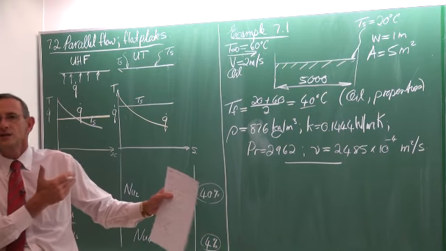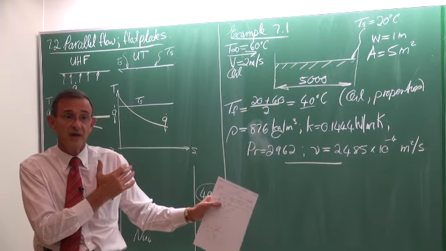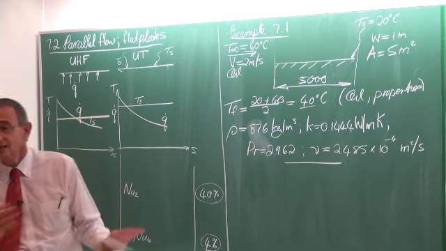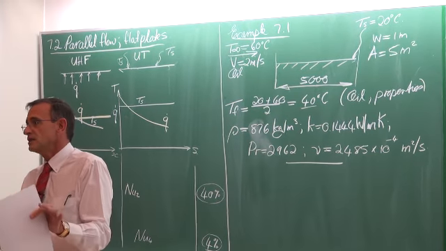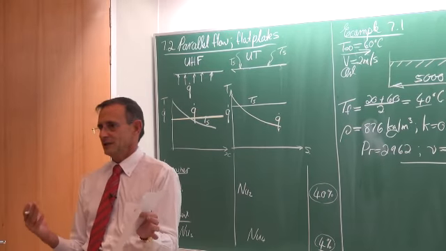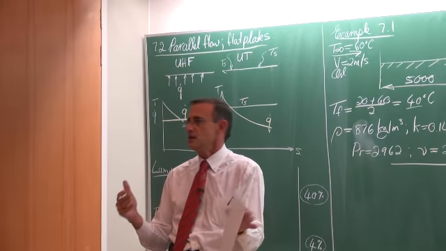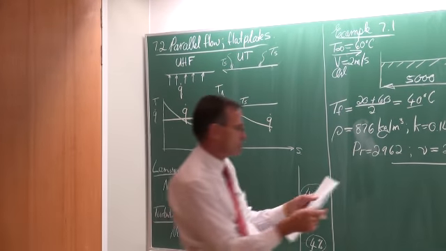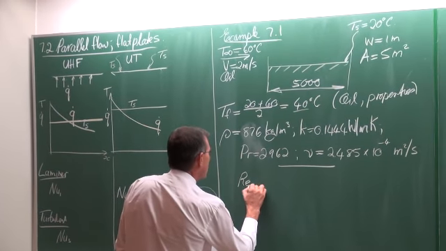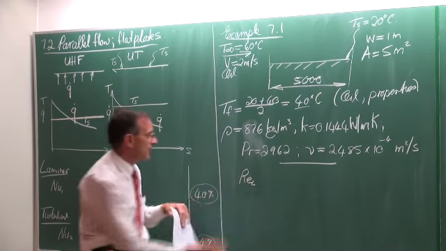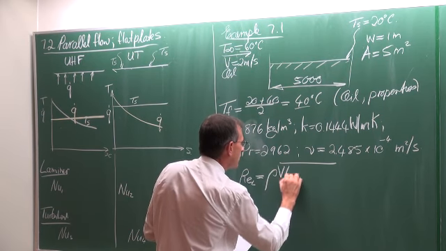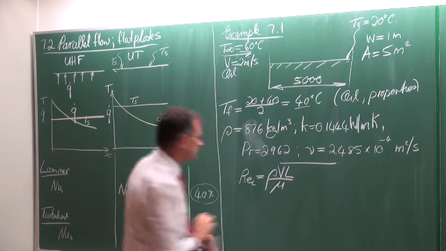There's no recipe to be followed. But if you look at the literature, one of the most important things when we look at a flat plate is to determine if the flow is laminar or turbulent. To do that we need the Reynolds number, based on the length of the flat plate.